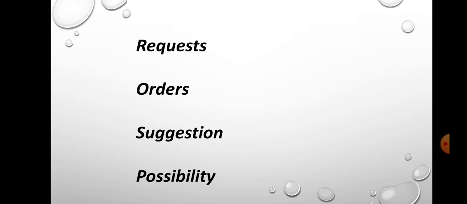Then by using if. Example, if we prepare notes together, we shall pass with first division. So it's a kind of a suggestion. Then please in an imperative sentence by using the word please. Please drive a little faster. So a suggestion in this sentence.